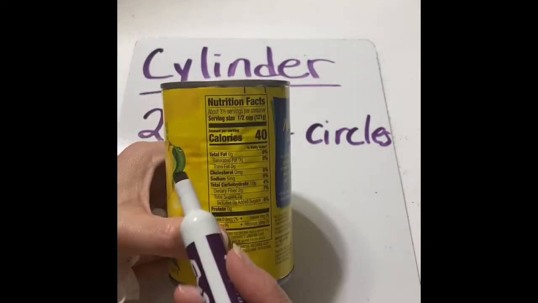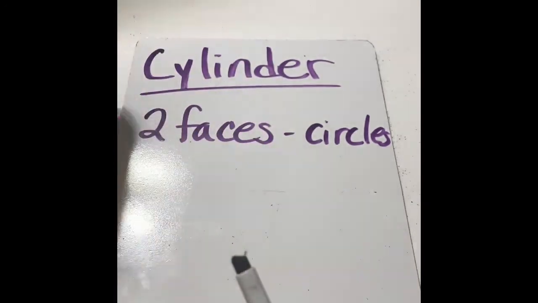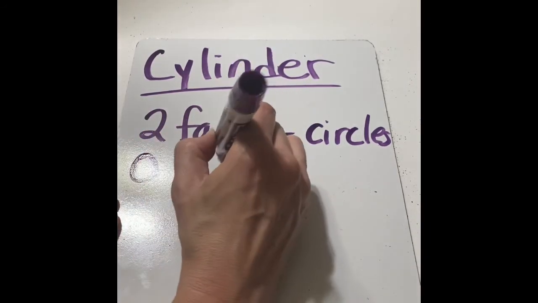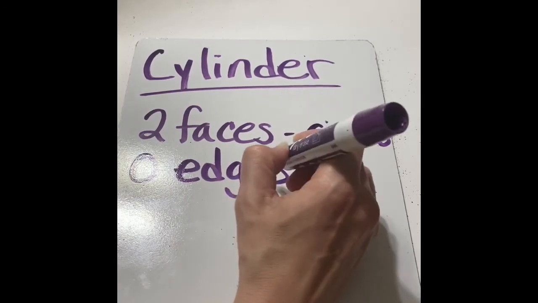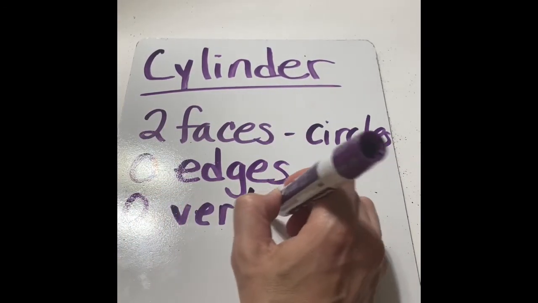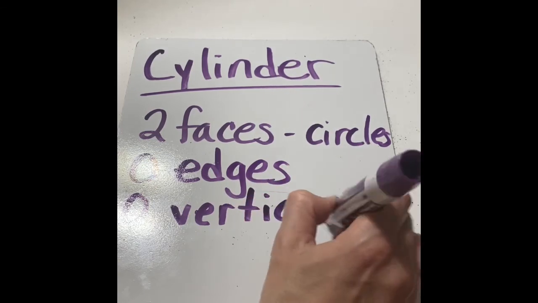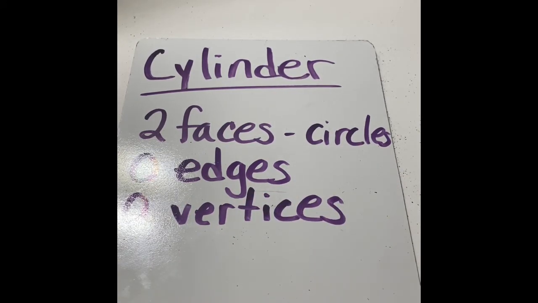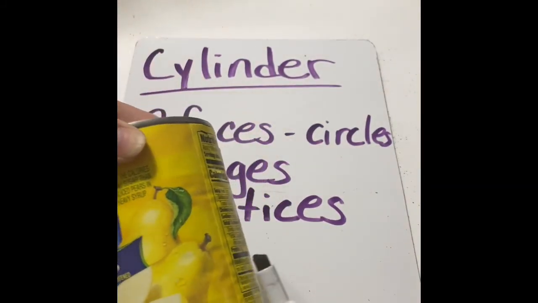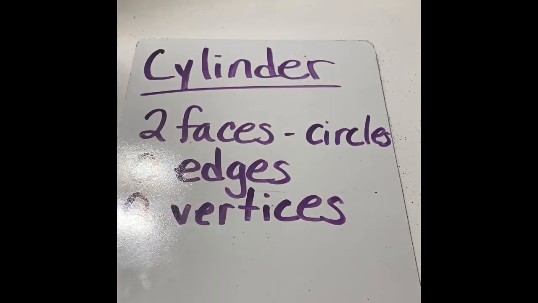We also say that it has a rounded surface here. It has 0 edges and 0 vertices, since we don't have any corners. So just 2 faces for our cylinder, and we can say that it has a rounded or curved surface.